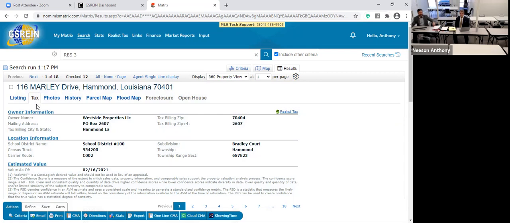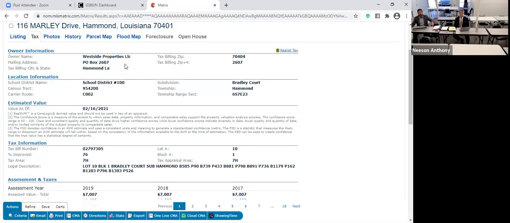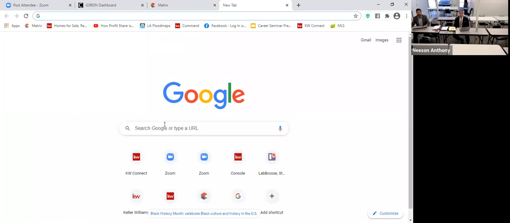So if I click on the taxes and it says owner's name and it's an LLC, that's a business. So now they may not be as negotiable. Maybe that's why they're on the market for 300+ days. Start to get something. I can go to the Secretary of State page and go find out who that is. So let's do that.